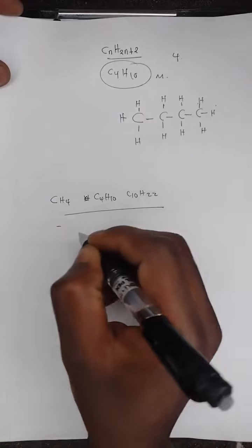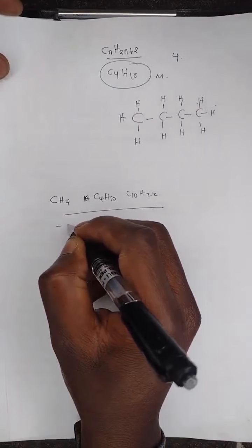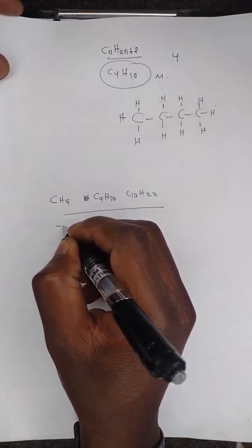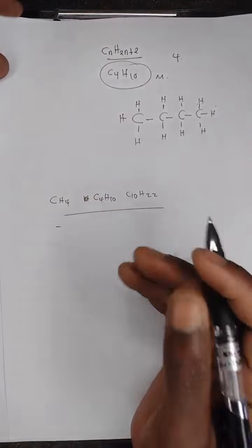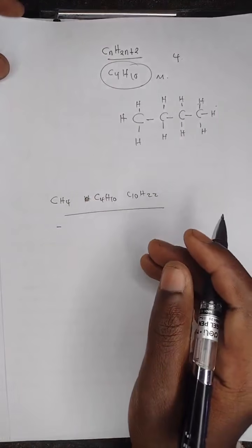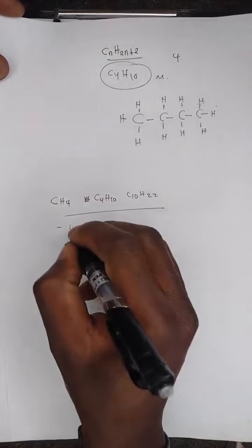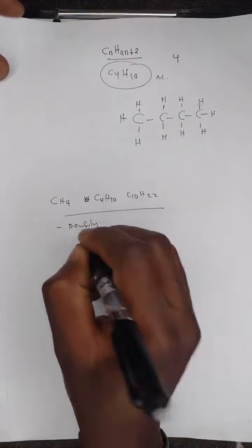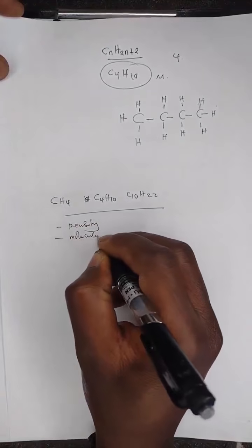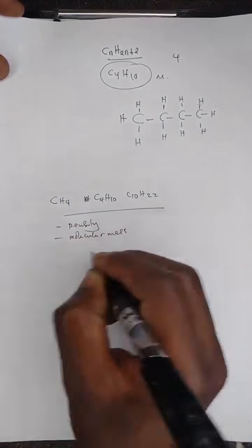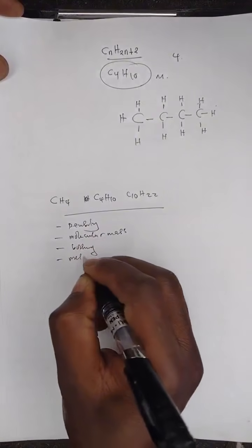Now look, as the number of carbon increases, also the boiling point increases. As the number of carbon increases, also the density increases. So the physical properties change as the number of carbon increases. In this case, we are talking about density, molecular mass, boiling, melting.